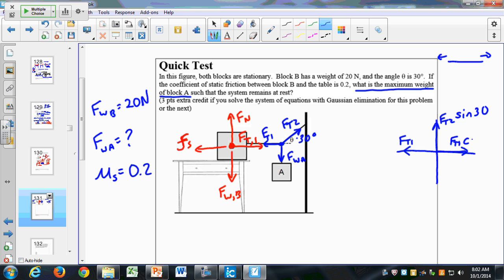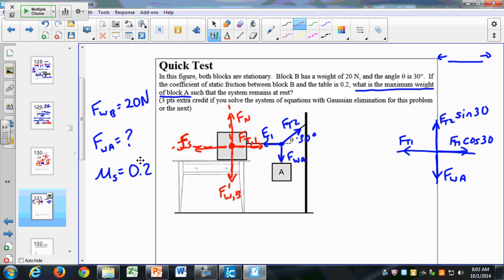FT1 cosine of 30. And then FWA. So I've resolved my vectors. That's step 3, where I've resolved them into their components. I'm not going to do that over here for the red because they're already resolved. I can just draw my axes there. So that's that step.